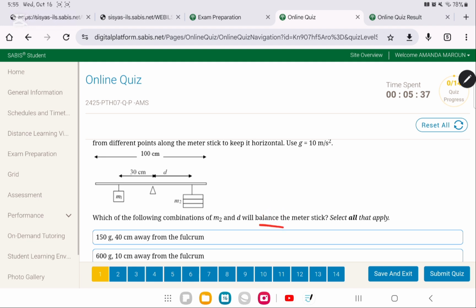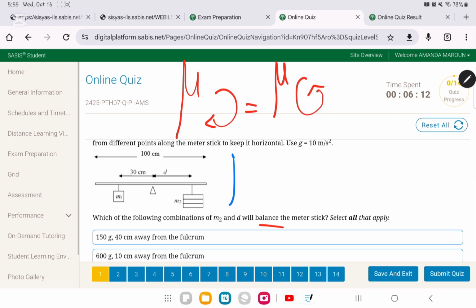For the meter stick to be balanced, the moment of the anti-clockwise has to be equal to the moment of the clockwise. So we're going to label it as moment 1, or moment clockwise, equal to moment counterclockwise, moment 2, for example.